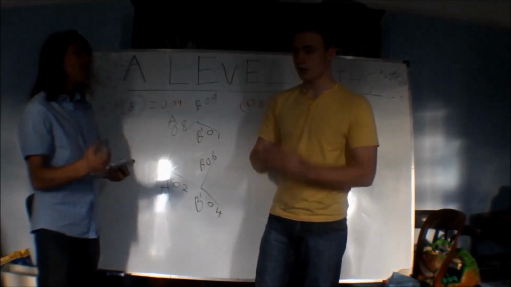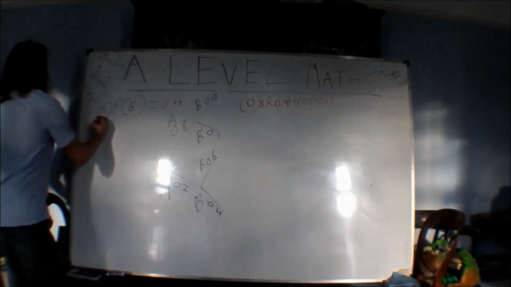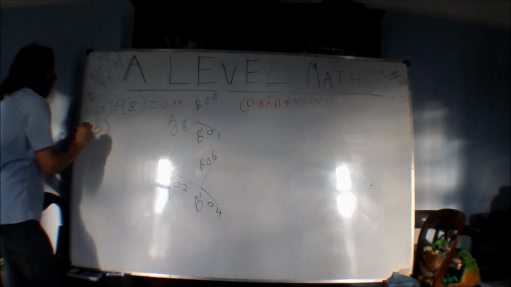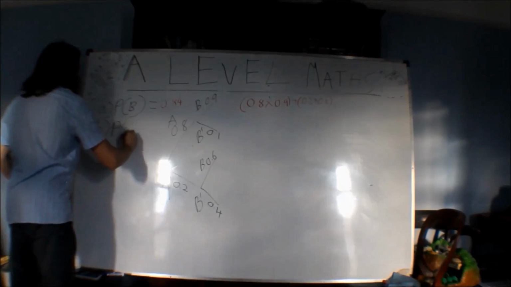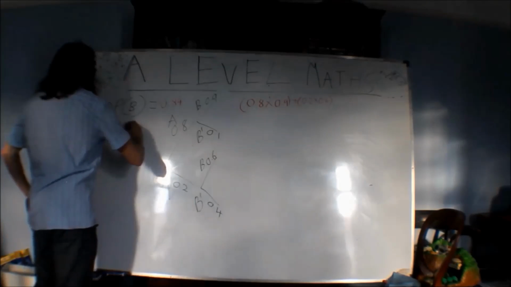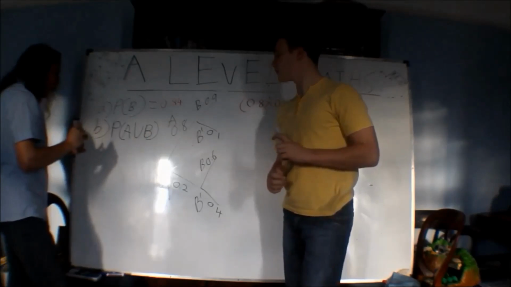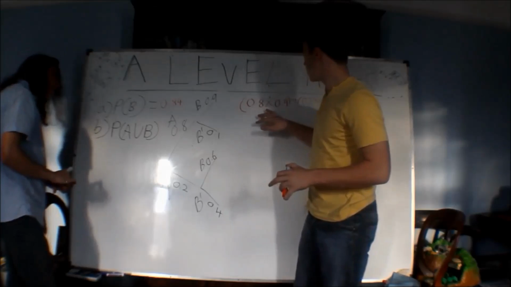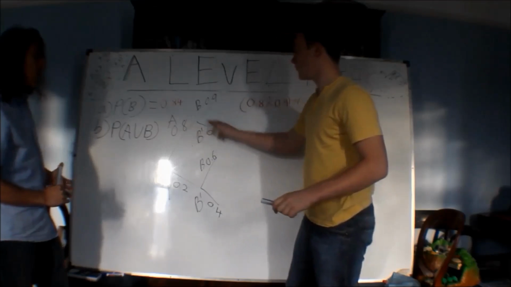It is. There's a part B. Okay. You ready? Yeah. Part B says, find the probability of passing at least one of the tests. So that would be A or B. Yes. Because that means A or B or both. Now you could do it like this. You could pass both. You could pass that, then fail that.